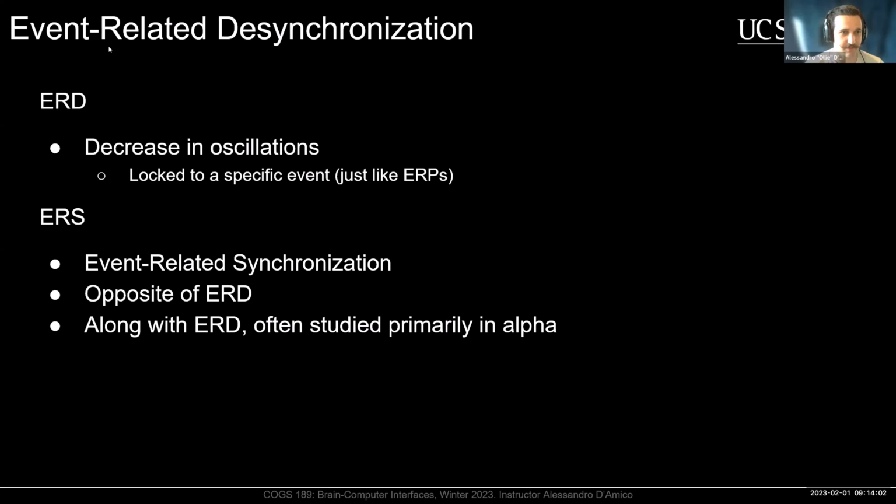And as the name might hint, it's locked to a specific event. You can think of this as the oscillatory equivalent of the event-related potentials. And the ERS is sort of the opposite. It's often studied alongside ERD in alpha, but again, we see ERD and ERS in beta. The brain is very much active in this alpha/mu frequency range, so we see a lot of activity and change in activity there.